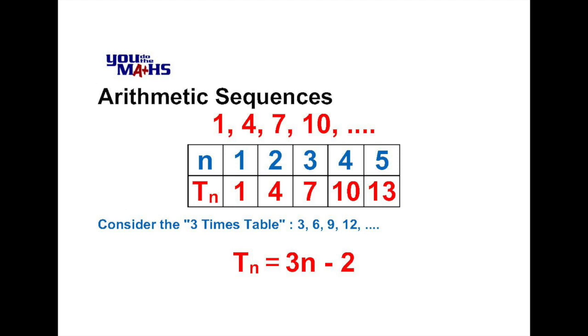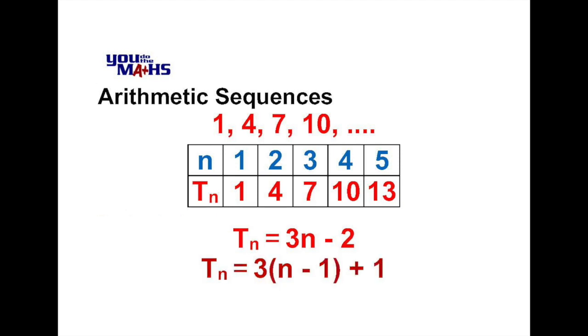So what we're going to do is algebraically rearrange this formula, Tn equals 3n minus 2, using some factorization and some simplification. We'll then see how that ties in with some basic information from our arithmetic sequence. So first of all, what we'll do is do some factorization. We'll take a 3 out of the expression. So we end up with 3 brackets n minus 1, but we have to plus 1 to make sure it's an equivalent statement.